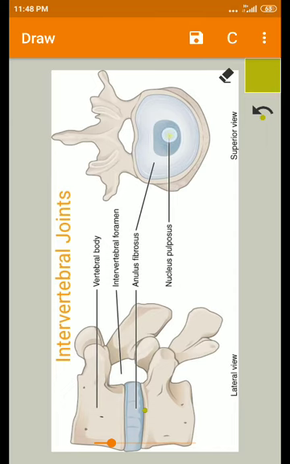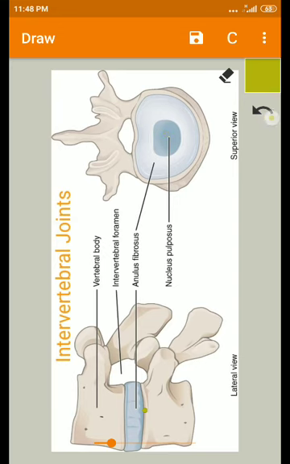It is always kept under tension, and it acts as a hydraulic shock absorber. With advancing age, the elasticity of the disc is reduced. Normally it is rich in water content.